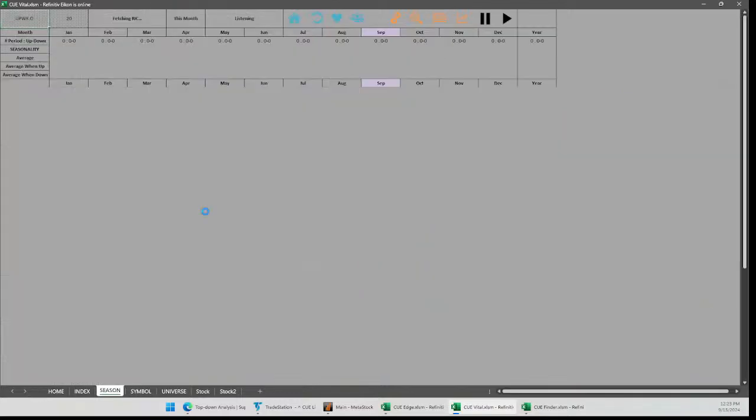Let's look at its seasonality. I always look at it, though it is not a required condition for me to buy or short.